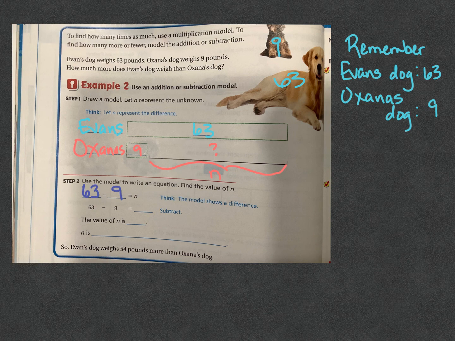And obviously we don't have 63 fingers, so we could just do the algorithm that we've been using, 63 minus 9. And of course if we have 3, we can't take 9 away, so we borrow. 13 minus 9. Remember, you can count from 9 up to 13. 9, 10, 11, 12, 13. It took me 4 counts to get there.